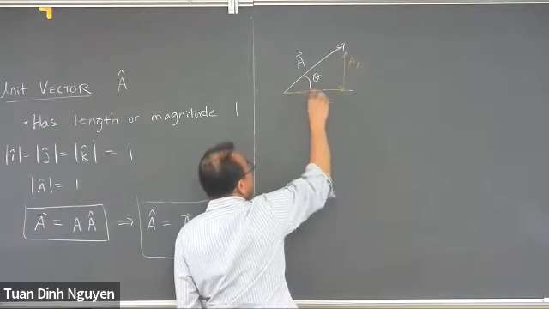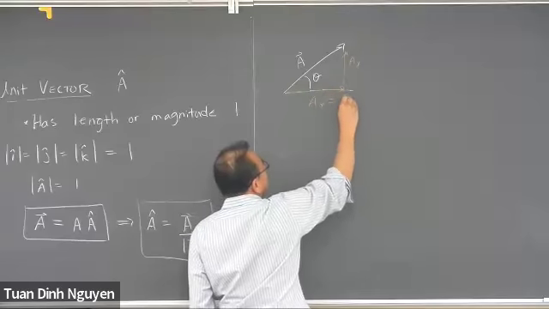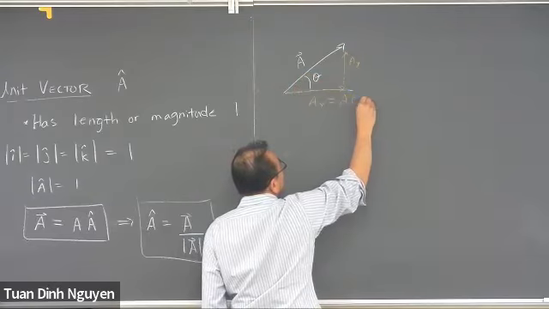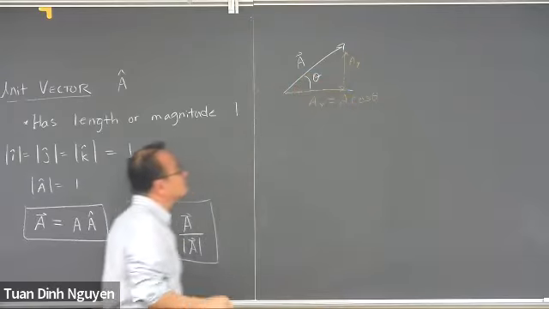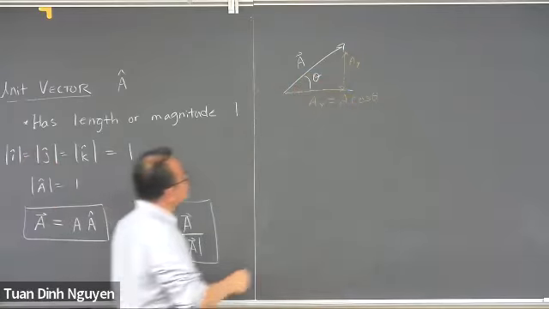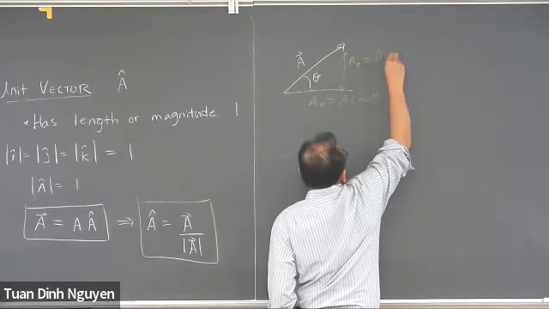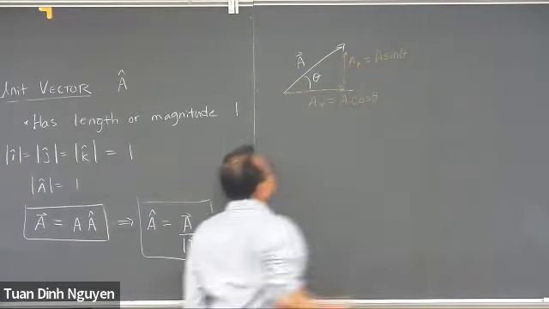If this is the angle theta, then ax is the hypotenuse times cosine because it's adjacent to it. And this is the sine because it's opposite.